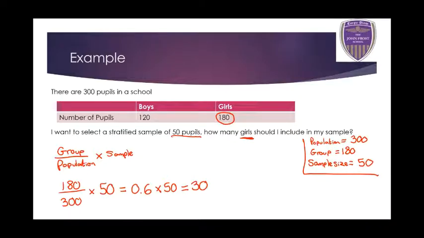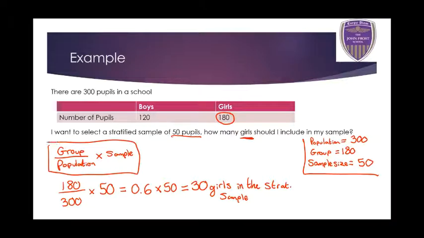So there would be 30 girls in the stratified sample. Just remind yourselves, the formula is the group size divided by population size times the sample size, and that will tell you how many of that group will be included in your stratified sample.